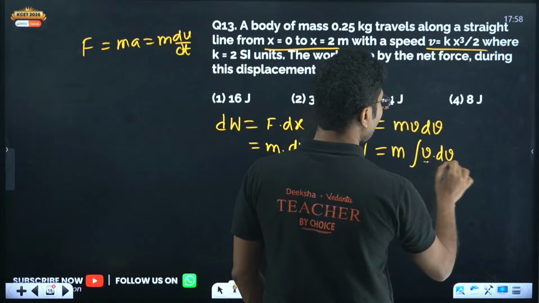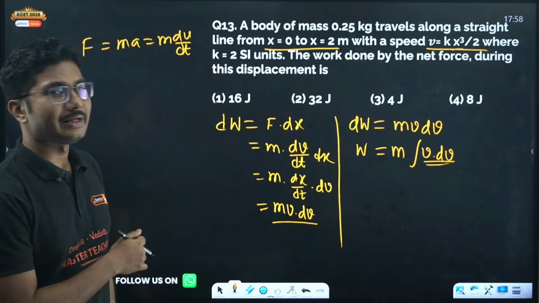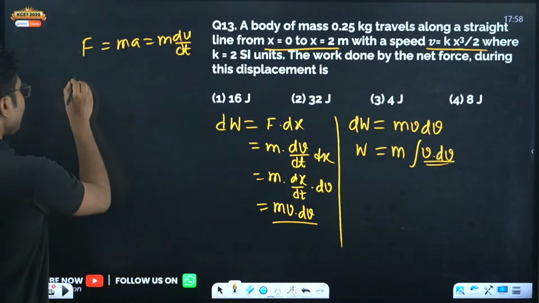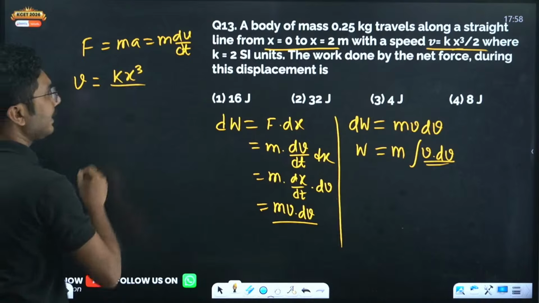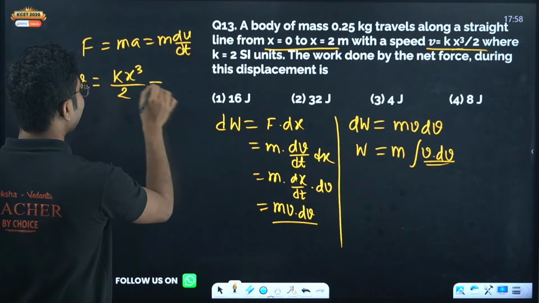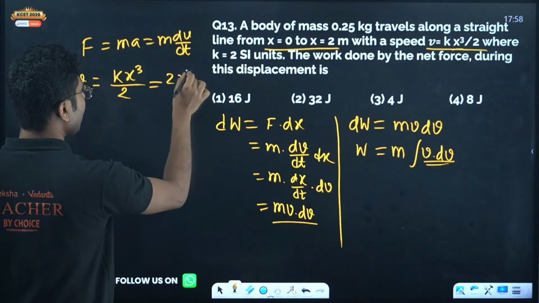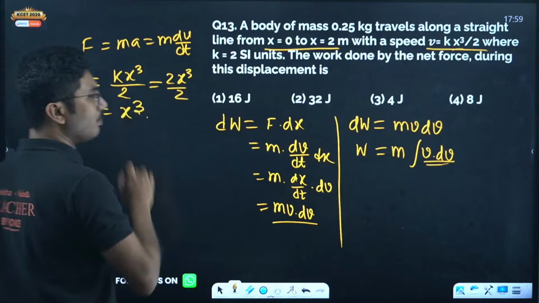Now v is not given in terms of v itself, v is given in terms of x. So v is given here as kx cube by 2. K is given as 2, so 2x cube by 2, that is x cube. Velocity is x cube.